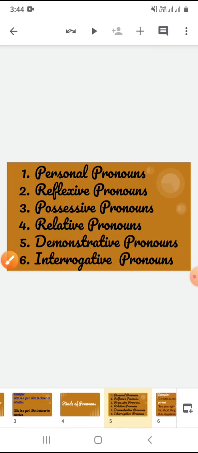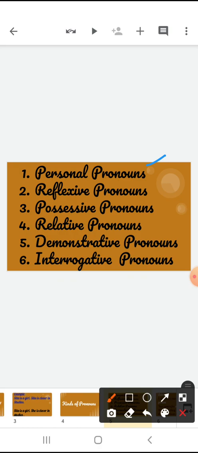First of all, we have personal pronouns, reflexive pronouns, possessive pronouns, relative pronouns, demonstrative pronouns, and interrogative pronouns. We are going to study these 6 pronouns and their types. We do the exercise related to these pronouns one by one.